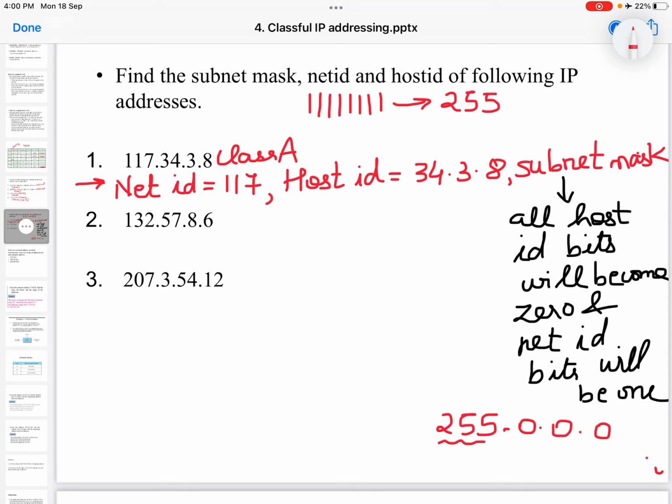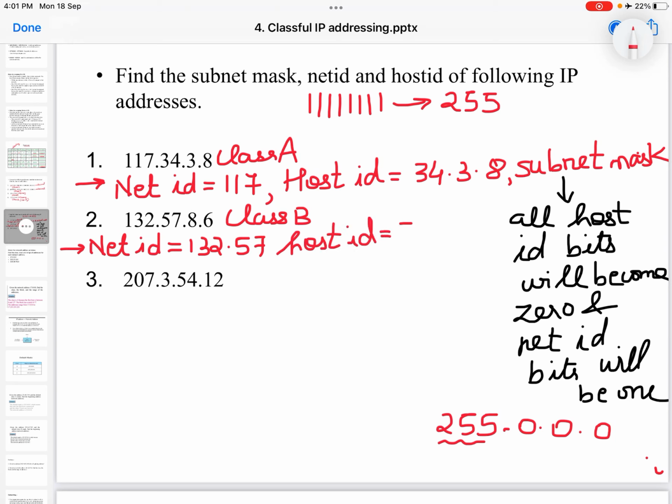Now 132.57.8.6 belongs to class B. Net ID is 132.57, the first 16 bits. Host ID is the next 16 bits, that is 8.6.